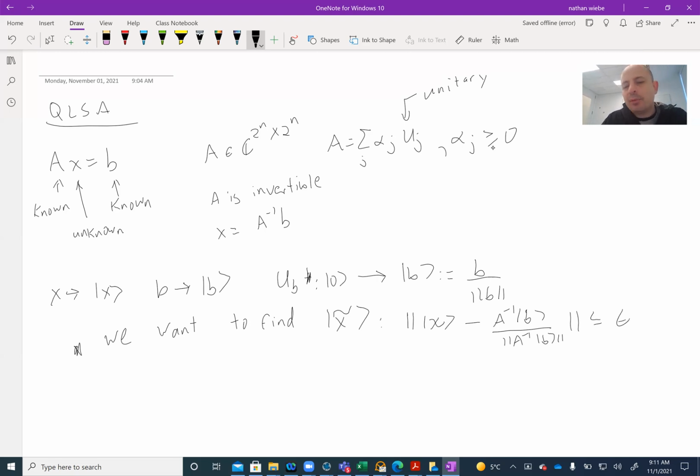We would like to be able to find an approximate solution to this within error epsilon.